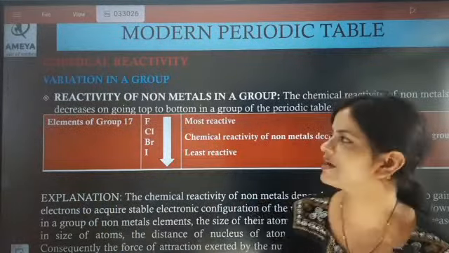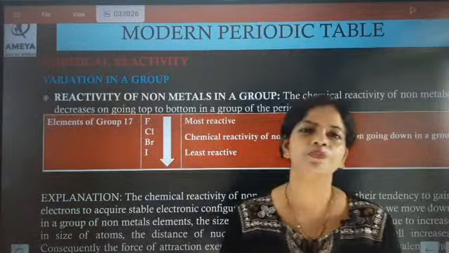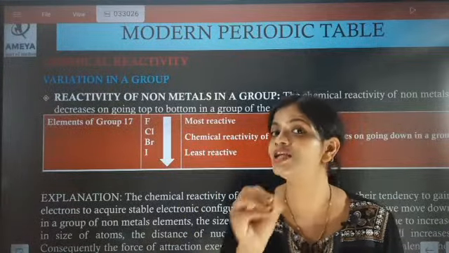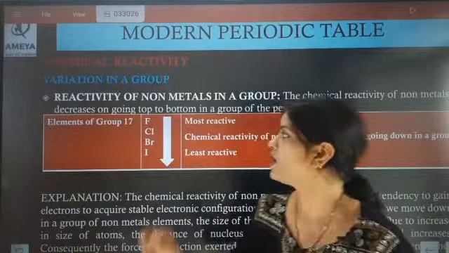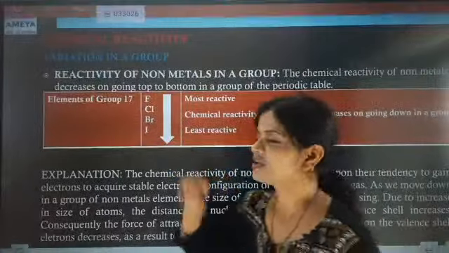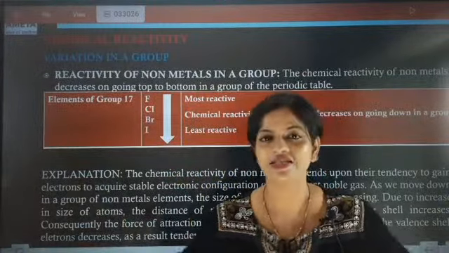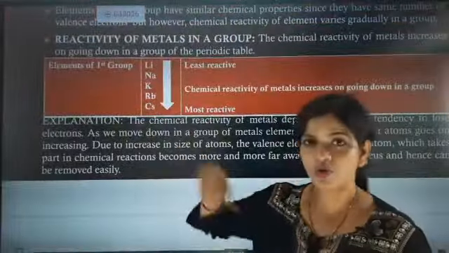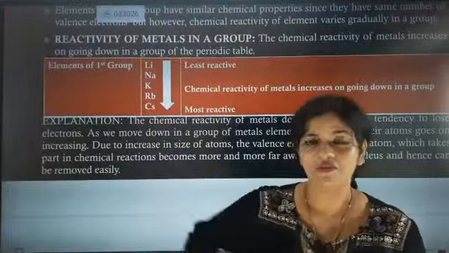Because of that, when you go down the group, the chemical reactivity reduces. I am talking only about group 17 here. In group 1, reactivity increases. The most reactive is cesium, but here the least reactive is iodine, because of its big size. Group 1 elements are donors, they are giving.